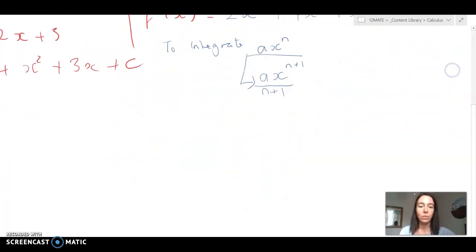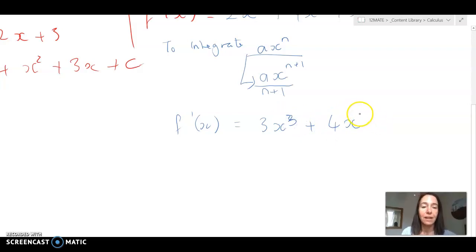Let's just apply it now. If I had f dash x equals 3x cubed plus 4x squared plus 2x plus 4, I'm going to use this rule.